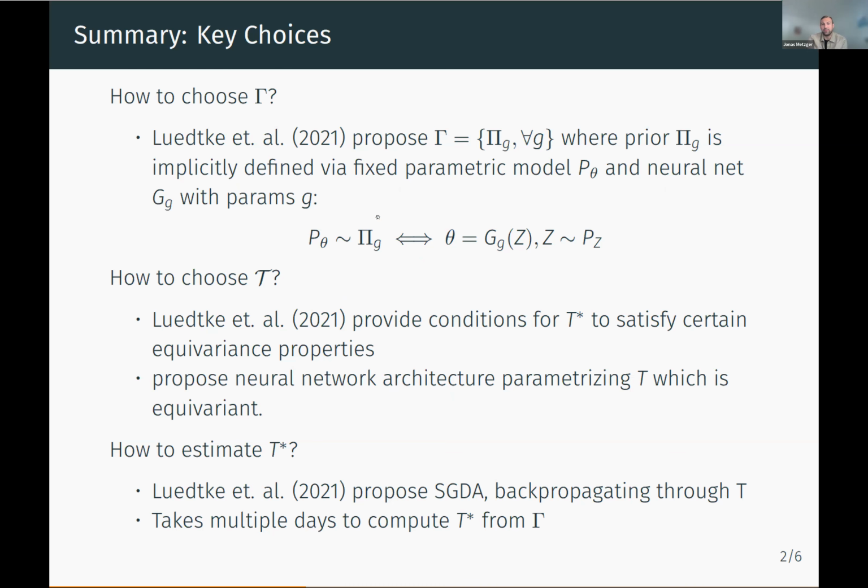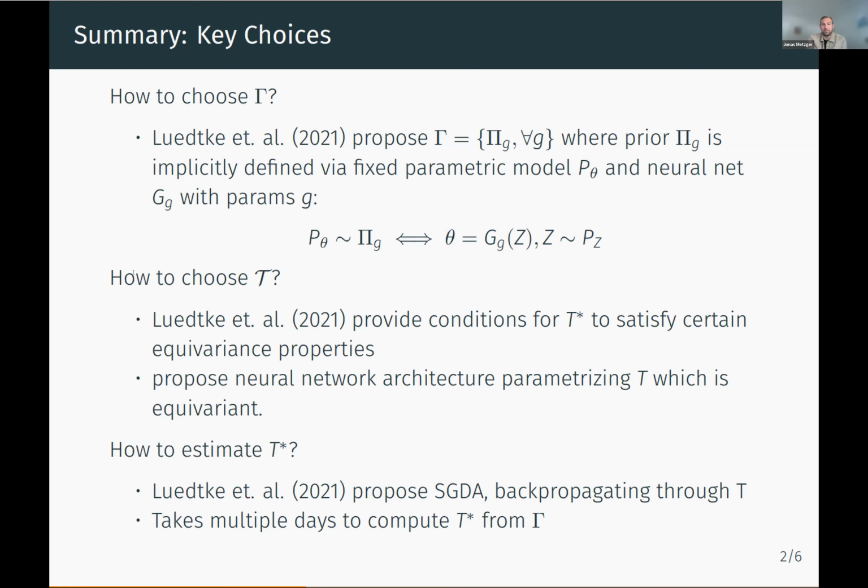So the prior distribution is defined as all the distributions that we would get when integrating over some source of randomness Z that the neural network maps into the parameters theta of the data.